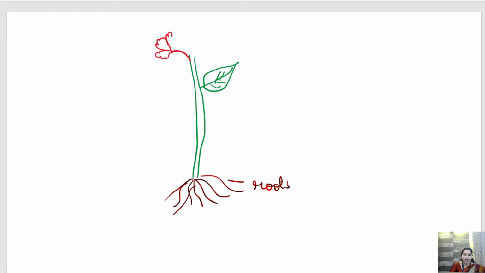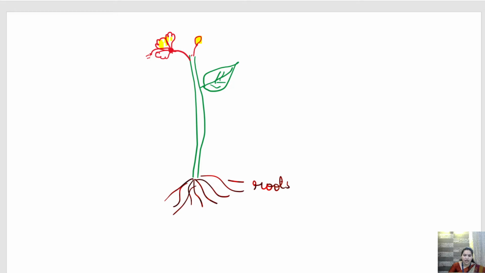Alright, what else do we have? We have various birds present all around it. Alright, so these are the things attached to the stem. Now the question is saying: from the stem, what things can be transferred and where?